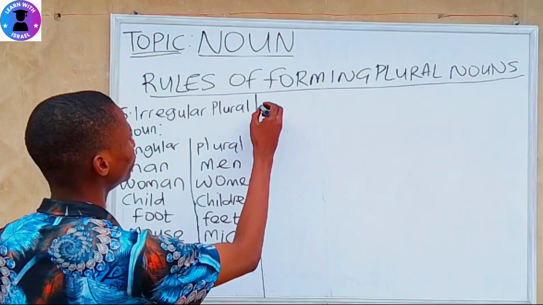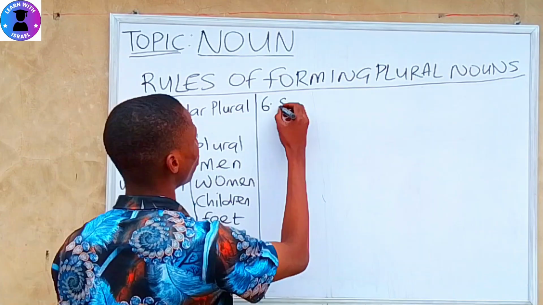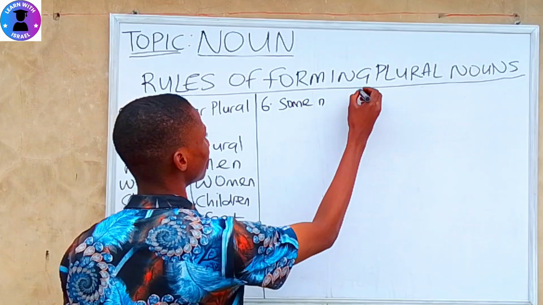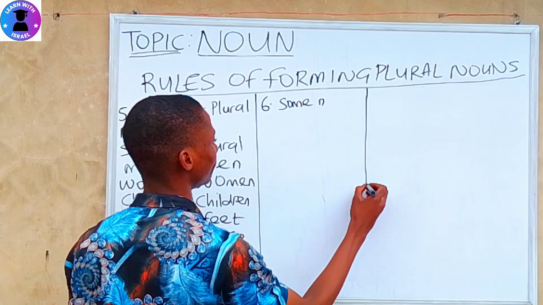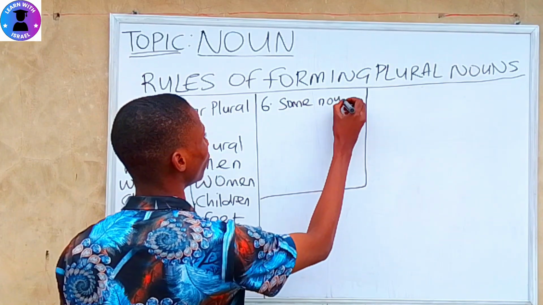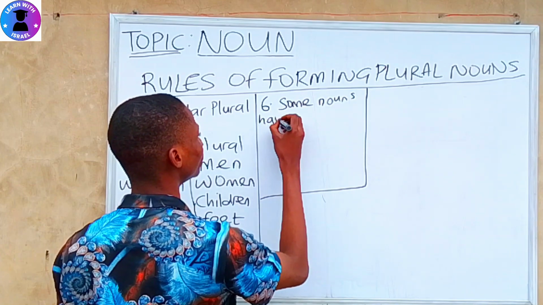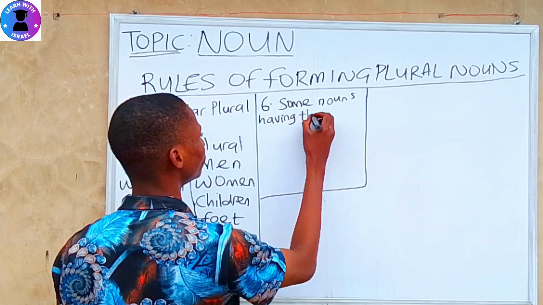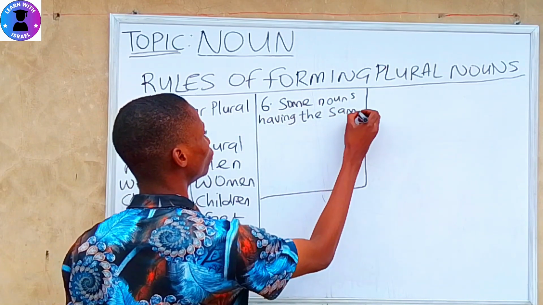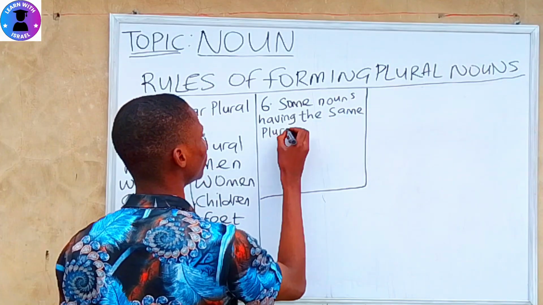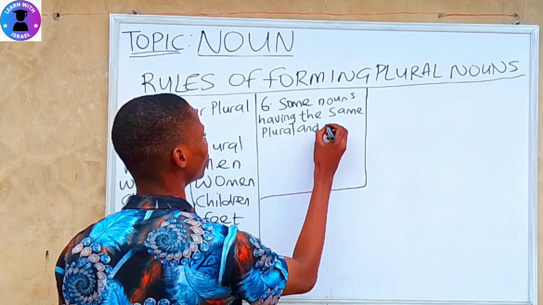The sixth one involves some nouns having the same plural and singular.